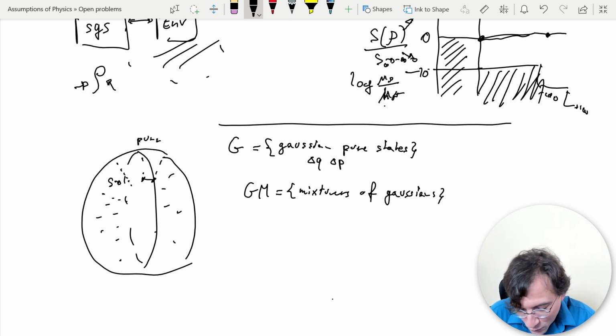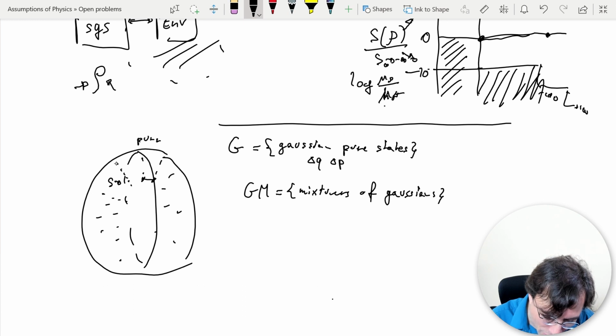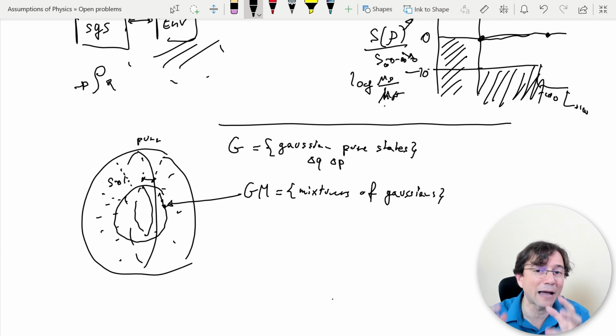And so what we would then have to prove is that as we go higher in entropy, so if you fix an entropy, you're going to have some shell inside this space, and what you're going to want to show is that on this shell, the distance between any state and one of these Gaussian mixed states becomes closer and closer.